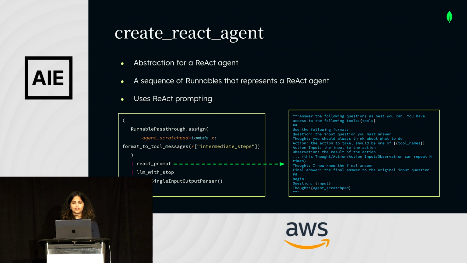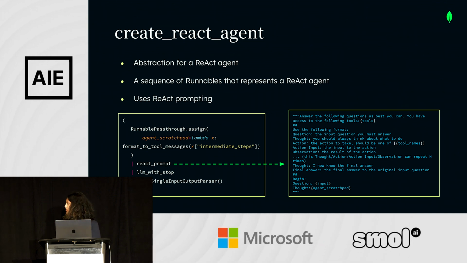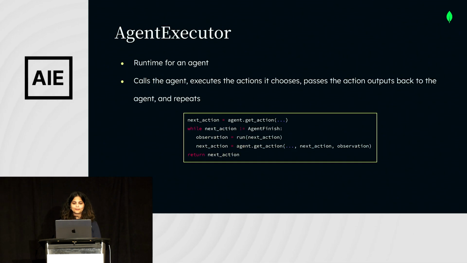And then the output parser has logic to parse these ReAct-style LLM calls, and you can see what those look like right there. So it has a thought, an action input, and an observation. So it's just parsing that to make it more readable to the user in the end.